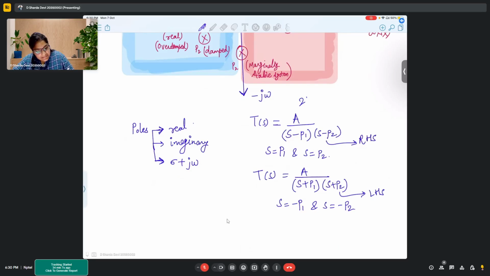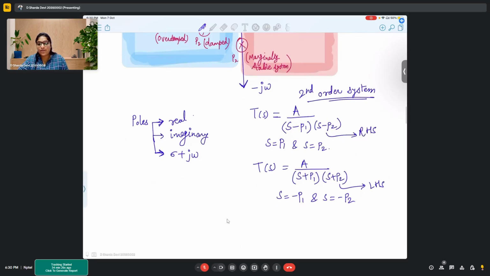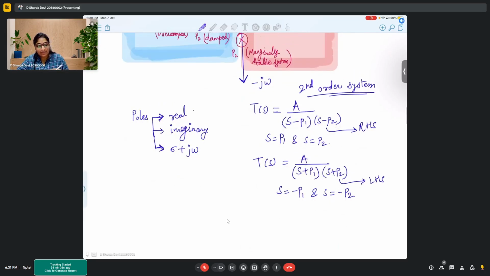And these are second order systems. So order we define by the number of poles. If the system has three poles, then it is a third order system. If it has four poles, it is a fourth order system. So based on the number of poles, we name the order of the system.